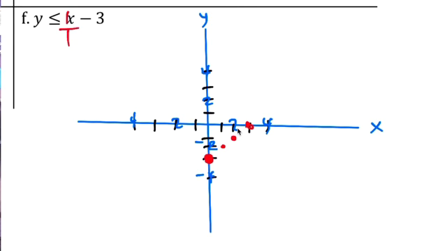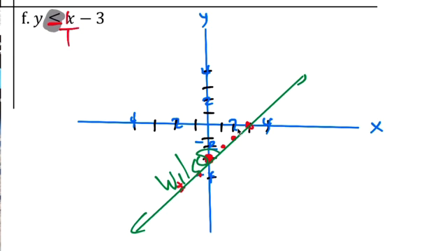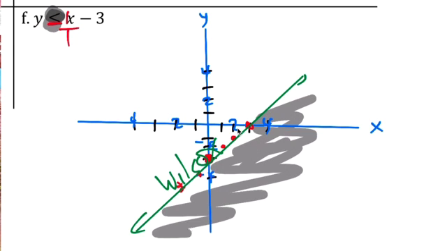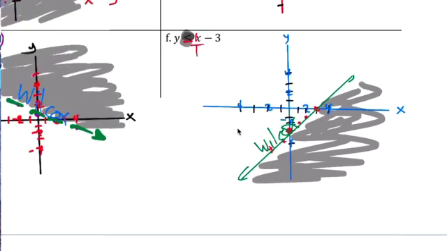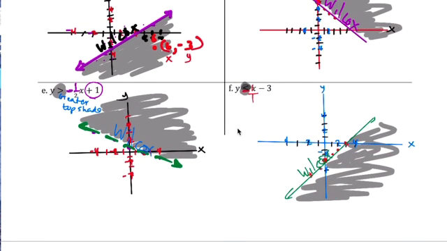And go the other way, down 1 over 1. And then this is a solid line because of this equal to. Solid line means connect the dots and there's no space in between them. Write your name on top of the line. And this, because it's less than, you're going to shade the bottom of this line like that. And then you're done. No test points needed.